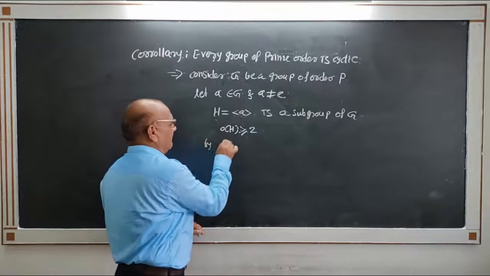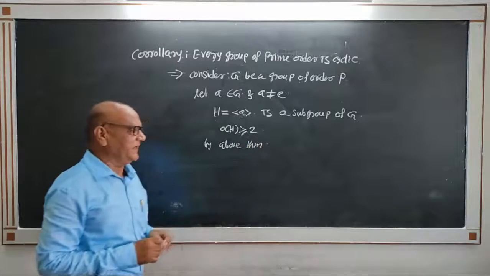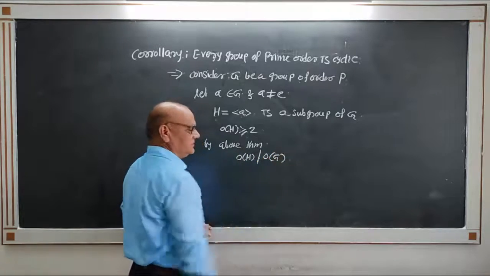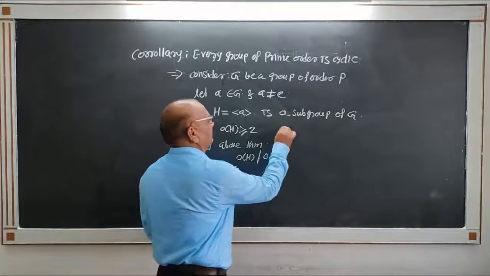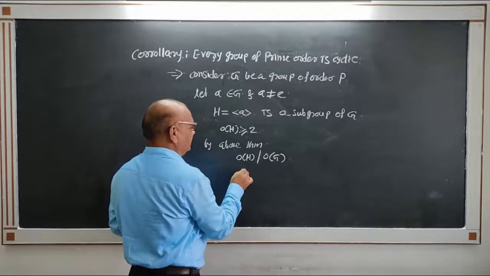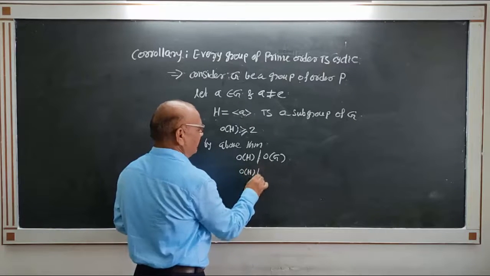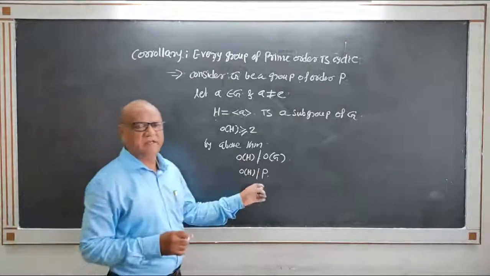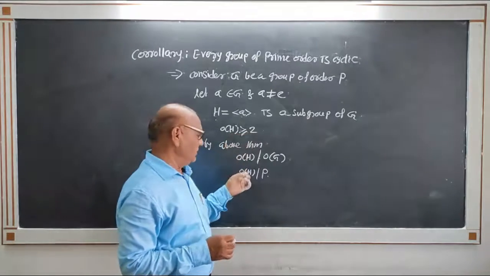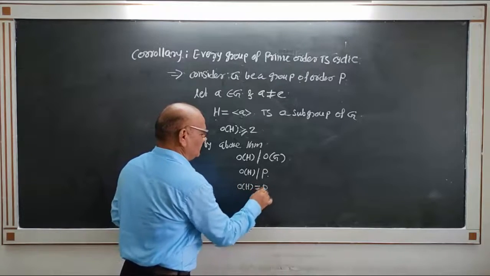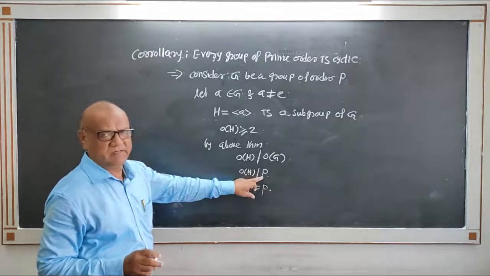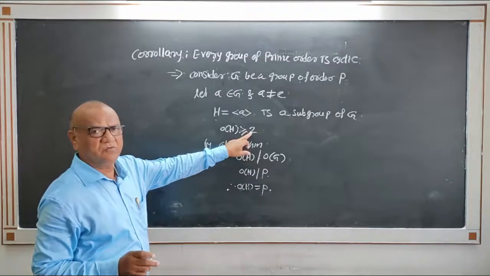By the theorem of Lagrange, the order of H divides the order of G. That means the order of H divides P, since the order of G is P. P is a prime, so the divisors of P are either 1 or P. But here the order of H is greater than or equal to 2, that means it is not equal to 1.